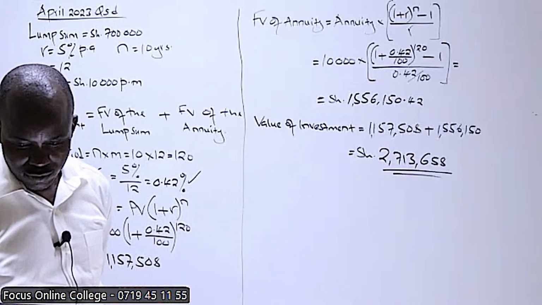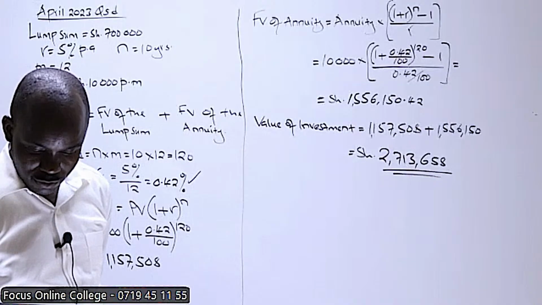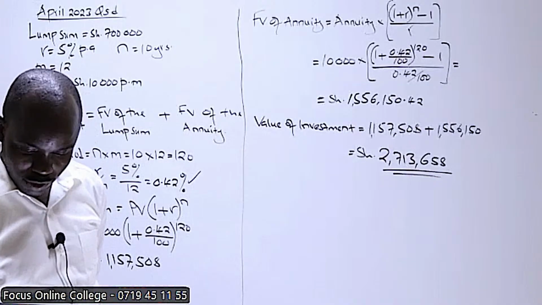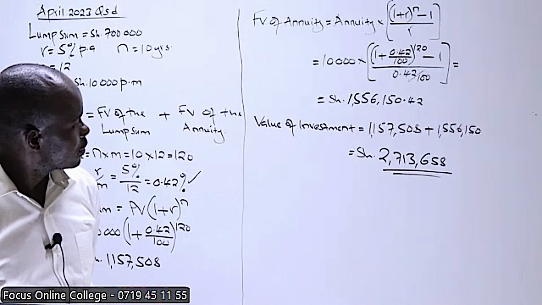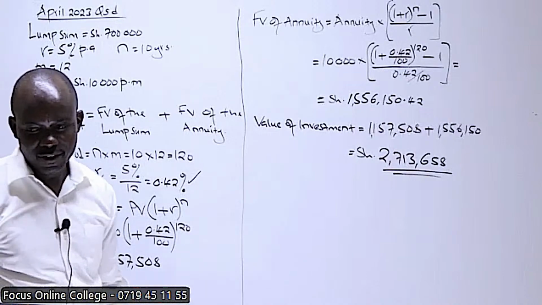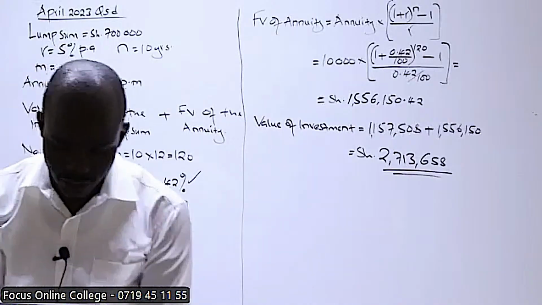Who is right, who is wrong? 1,157,508 plus 1,556,150 gives 2,713,658. Okay, fine. Mine seems to be okay.